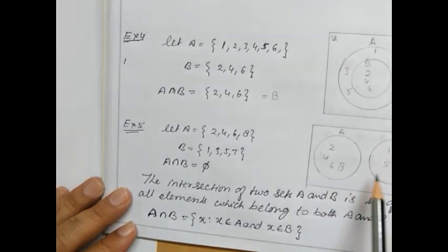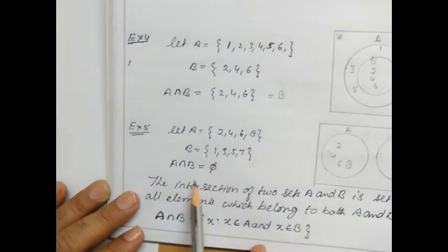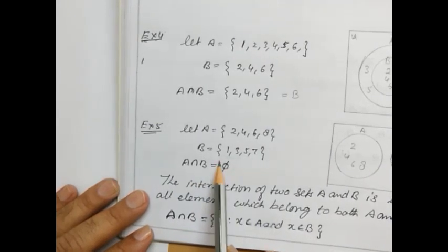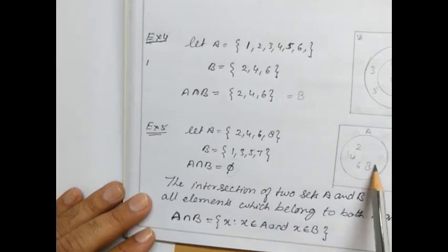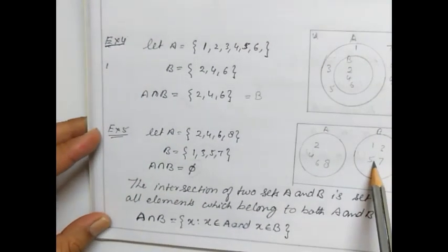Now there is nothing common in both. When there is nothing common in both, what will happen? A intersection B will be an empty set. Nothing is common. So these two sets are also known as disjoint sets.